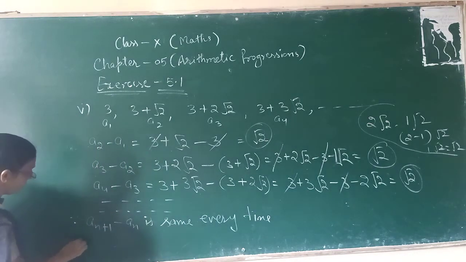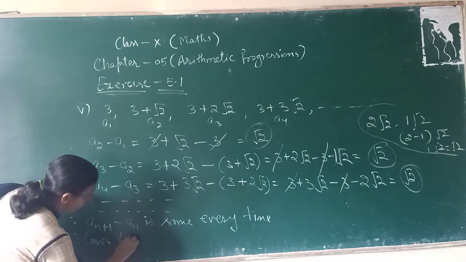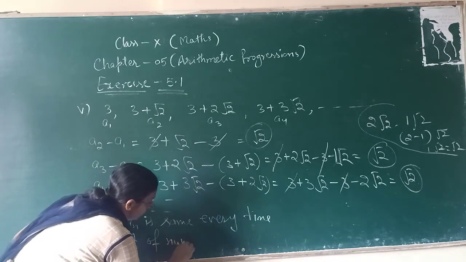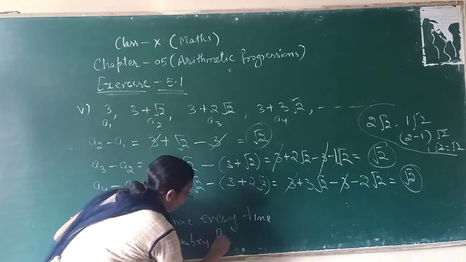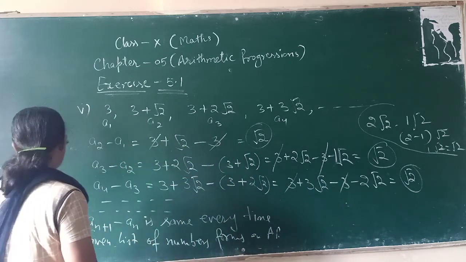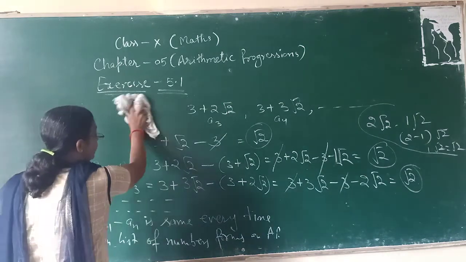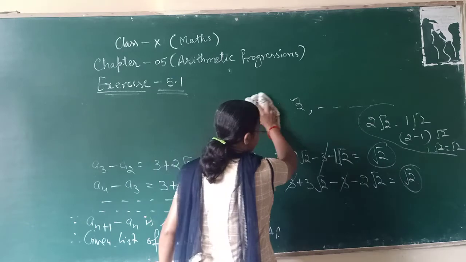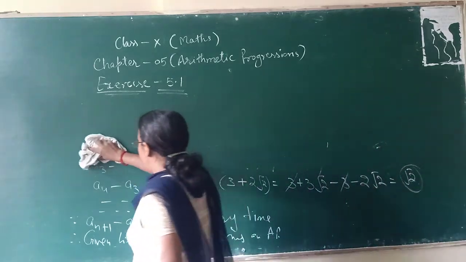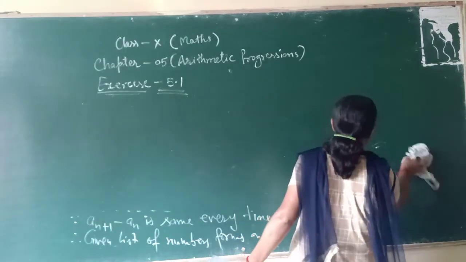Therefore, what will you say? Given list of numbers forms an AP. When it is an AP, what is required? The next 3 terms and also the common difference are required. So the common difference is a2 minus a1, which we already calculated, but we have to show how to find the common difference, because firstly there is no AP.